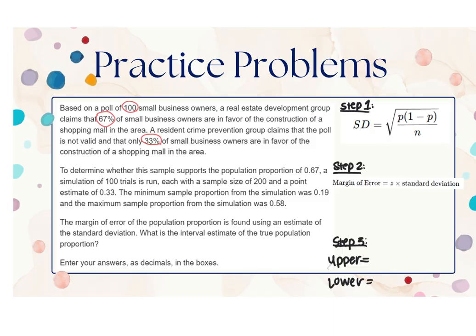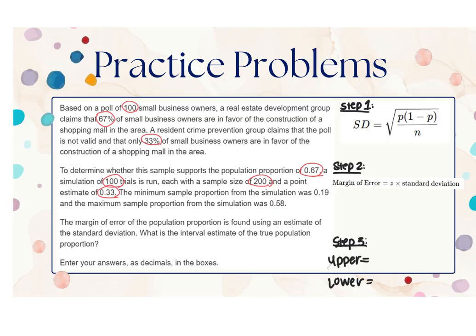To determine whether this sample supports the population proportion of 0.67, a simulation of 100 trials is run, each with a sample size of 200 and a point estimate of 0.33.